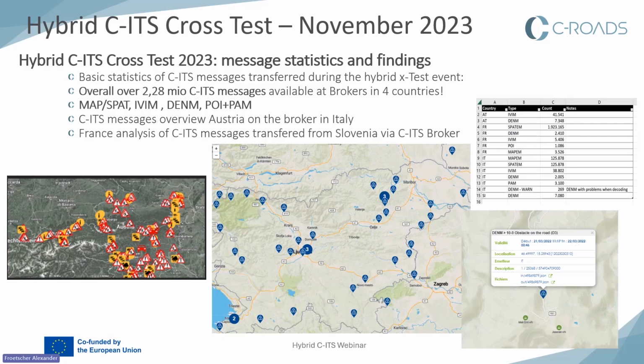So this would be one heat map, one picture of a specific status of these messages available at the message broker.